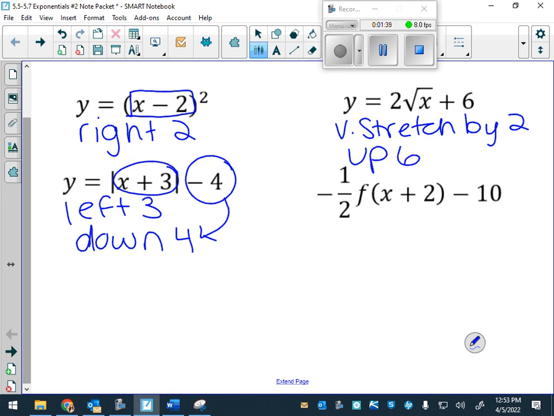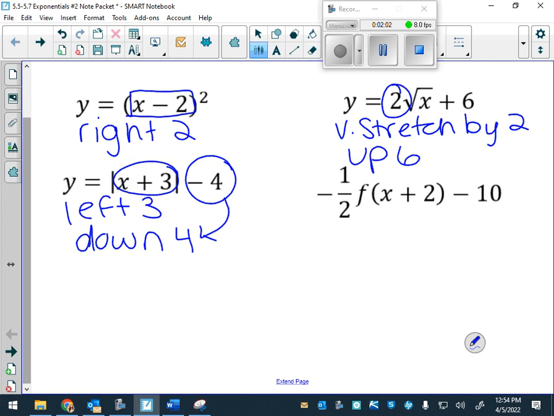Excellent. The vertical stretch is in the front. What does that affect, though? If you have a vertical stretch, what values does it change? Think way back to the beginning of the year. The y values, excellent. You're multiplying your y values by this first, then moving it up 6.